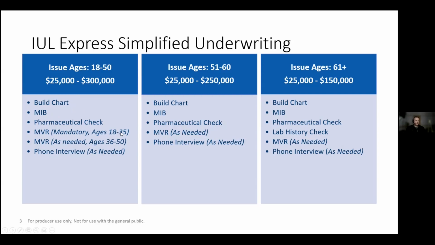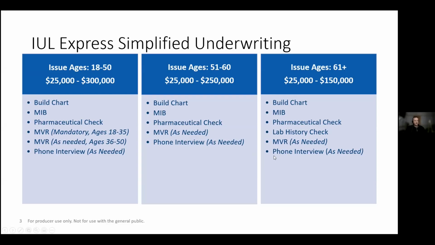So either having a driver's license or a state issued ID, we can run the MVR for that as well, and then as needed for anything ages above that. Then a phone interview is needed as well. 51 to 60 is going to be the same, except obviously no mandatory MVR. It's just going to be still as needed.